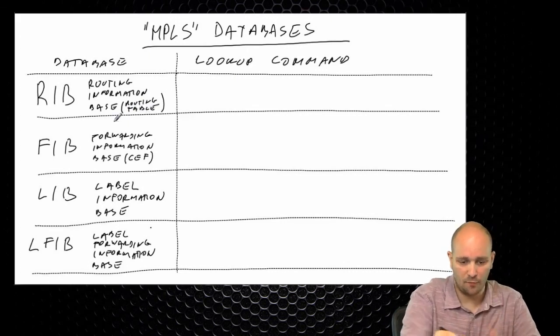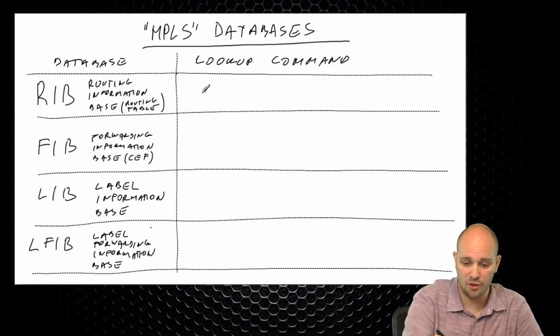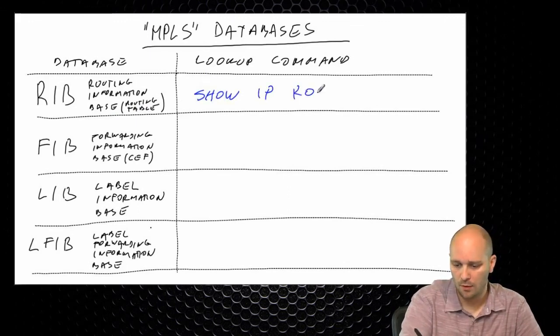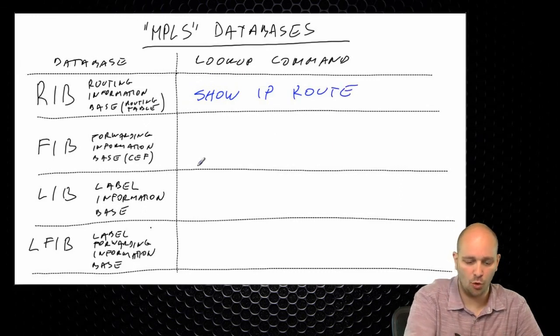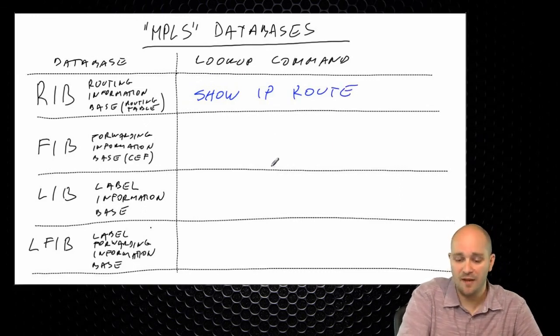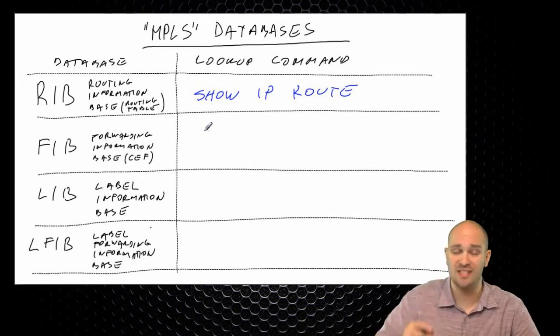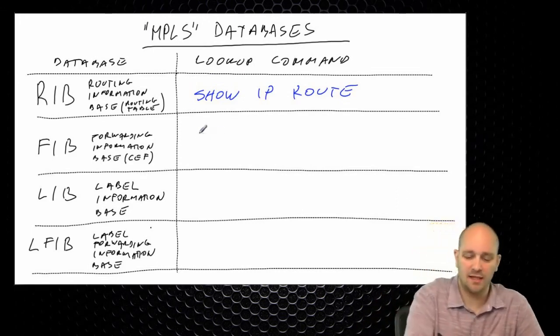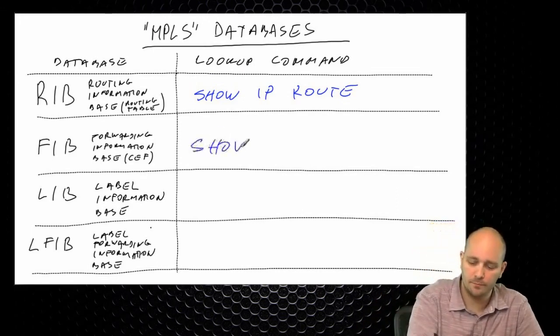The command to look up the information in the RIB is, of course, show ip route. Now, to look at the information in the FIB, if we are dealing with CEF as the FIB, which is most likely the case, it is going to be show ip cef.